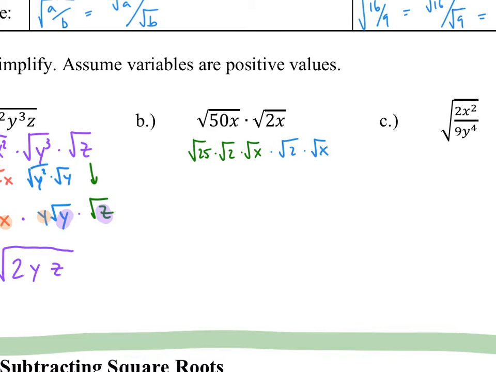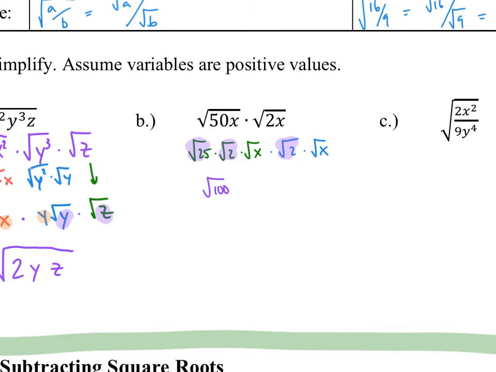If we want, there's so many different ways to do this. One way we could do is to take all the number pieces and put those together. So 25 times 2 times 2 would be 100. So that could be rewritten as the square root of 100.